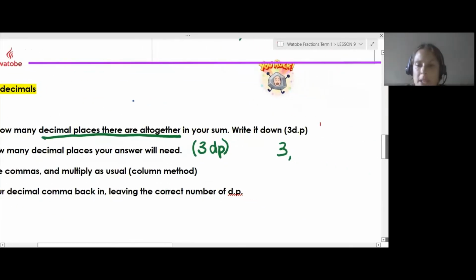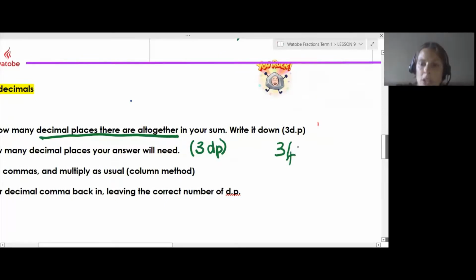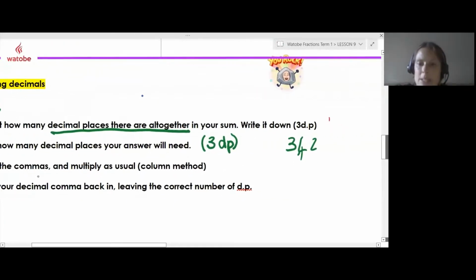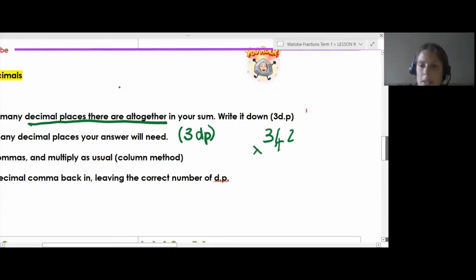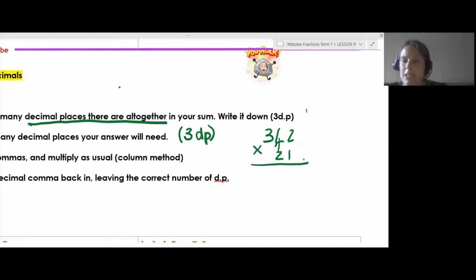Old lady brain working again. 342 times 21. And I do my multiplication sum just the way I normally would. So if you use column method, use column method. If your teacher uses a different way with you, then you do your teacher's way.